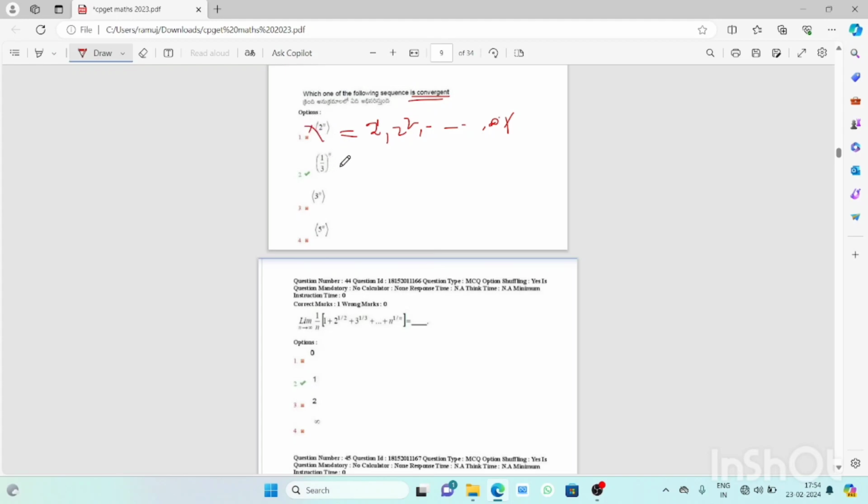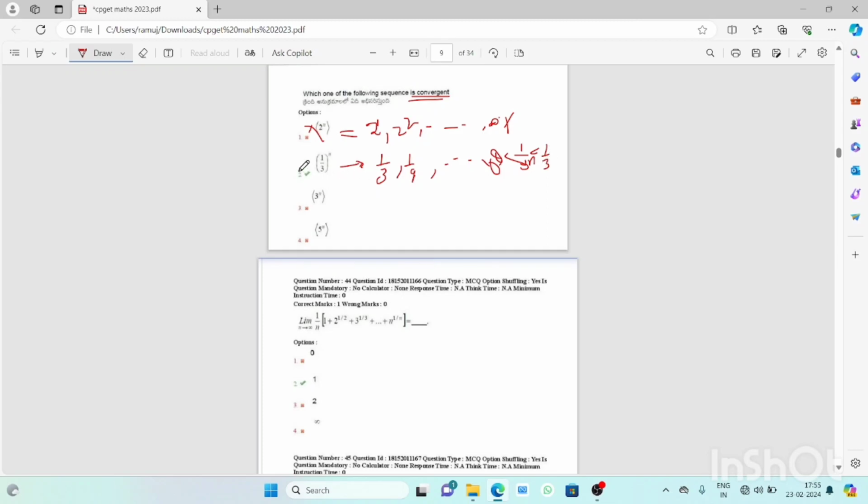If you observe this one, the first term is 1 by 3, the second term is 1 by 9. If you apply the limit this way, it slowly goes to 0. So this sequence is bounded between 0 and 1 by 3.